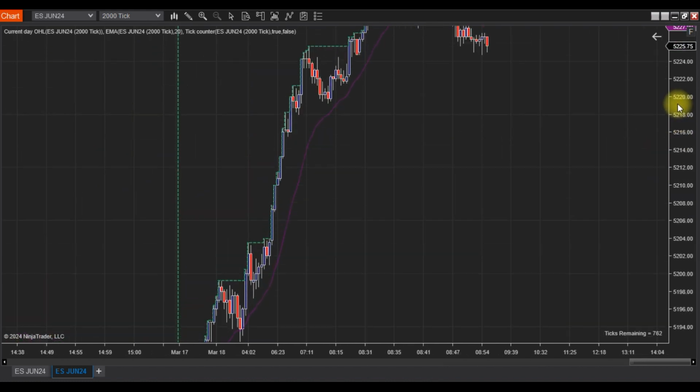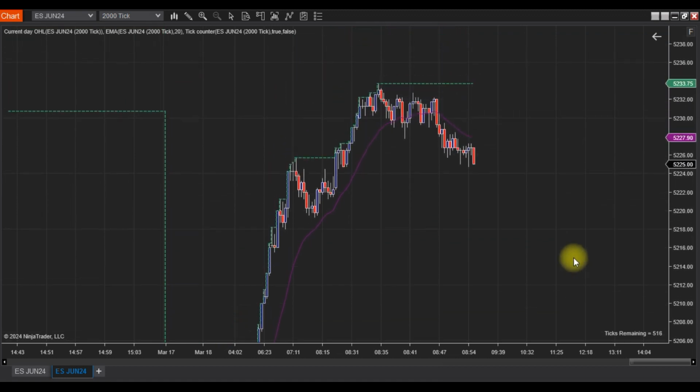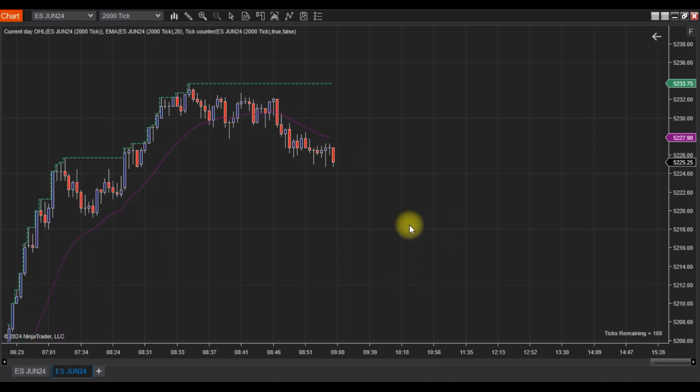But it's also really hard to deny the very limited risk that the 2,000 tick gives you. So I will use both. I'll continue to use both.